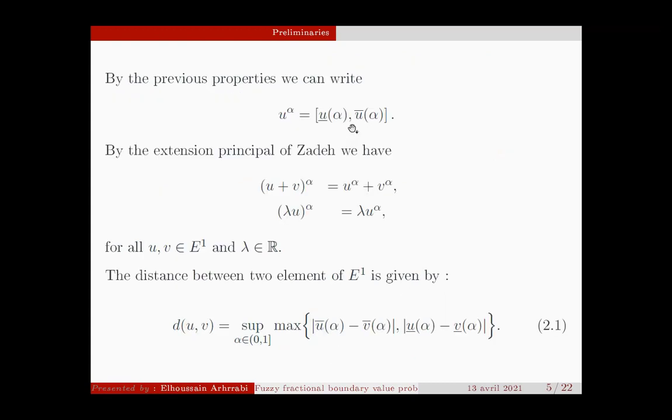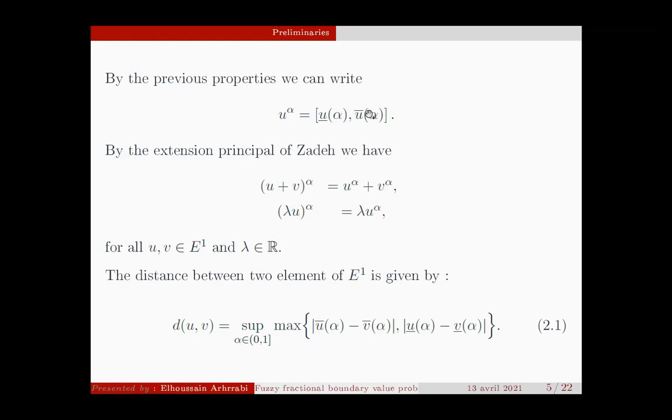By the previous property, we can write the alpha cut of U by this notation, where this is the left-hand endpoint of U alpha, and this is the right-hand endpoint of the alpha cut of U.